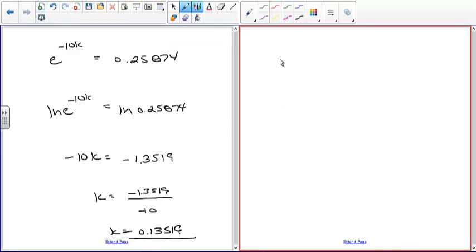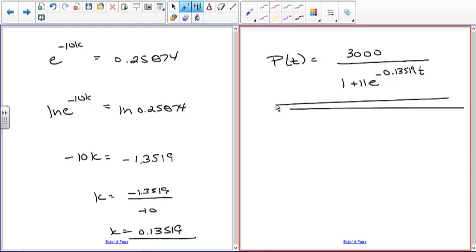So the final answer for the equation of the population in this case is going to be equal to the carrying capacity, which we said was 3,000, divided by 1 plus 11e to the minus 0.13519 times t. So that's the equation.